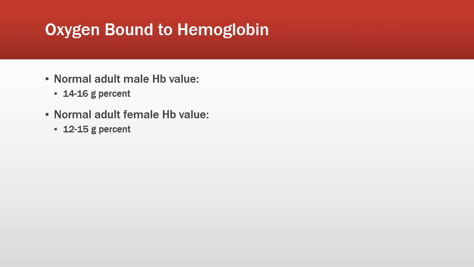Hemoglobin in a normal adult male is usually 14 to 16 grams percent. Notice that the adult female hemoglobin value is lower, 12 to 15 grams percent. That's due to menstruation.